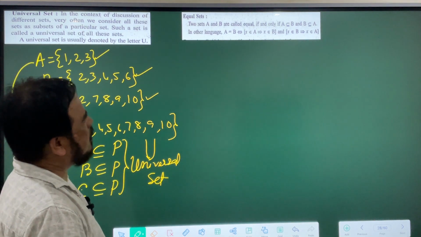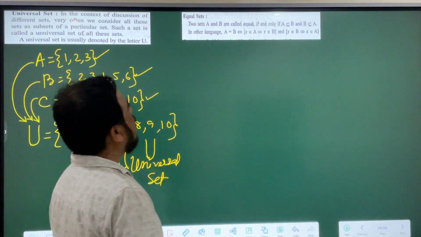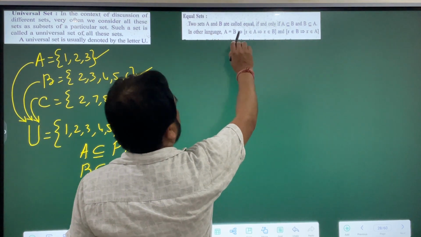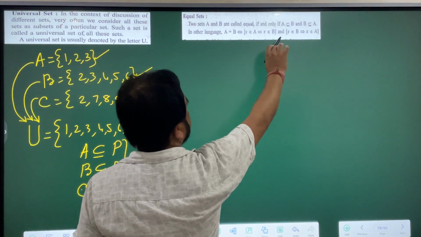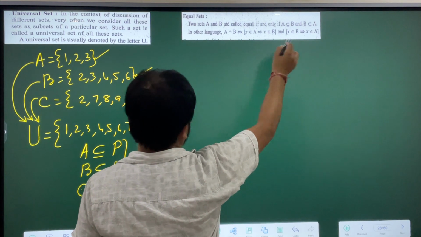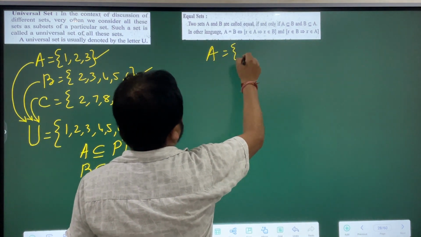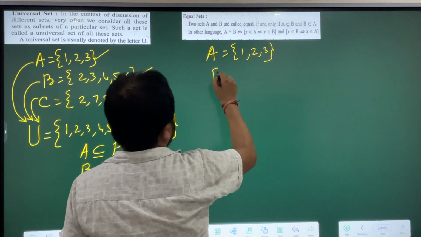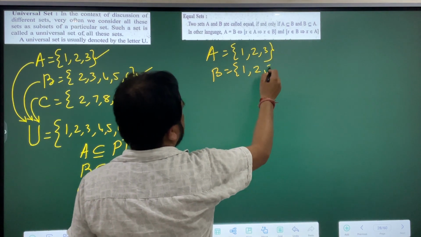Now equal sets. I already explained equal sets actually. Two sets A and B are called equal if and only if A is a subset of B and B is a subset of A. Why? A is {1, 2, 3}, B is also {1, 2, 3}.